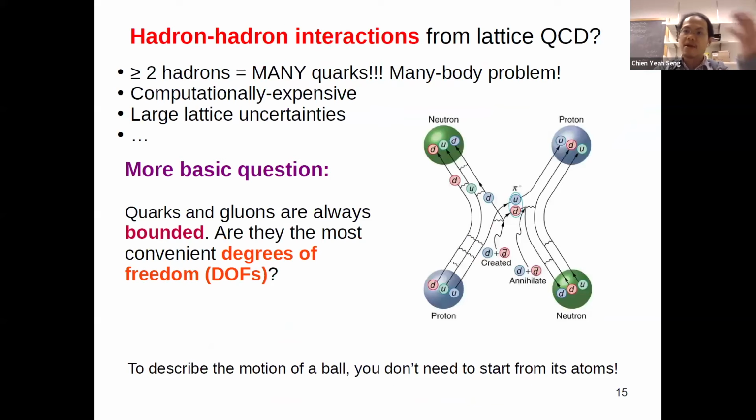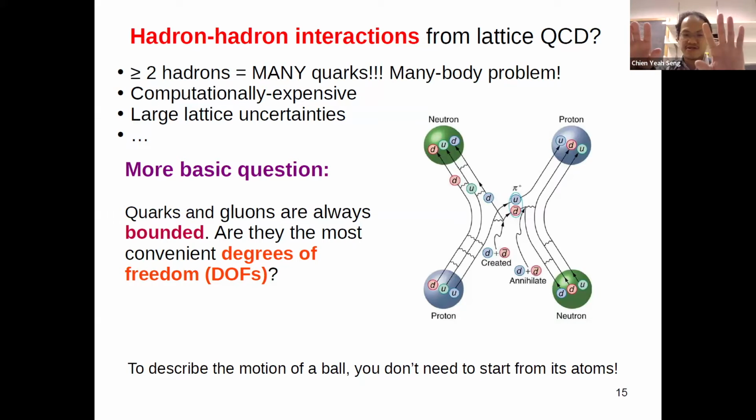But the problem is that when we are dealing with hadron-hadron interaction, using lattice QCD becomes very inconvenient because the degrees of freedom of QCD are quarks and gluons. So for instance, each baryon has 3 quarks, so 2 baryons have 6 quarks, and then you are dealing with a many-body problem. That will make the computation extremely expensive, and there will be a large noise and so on.